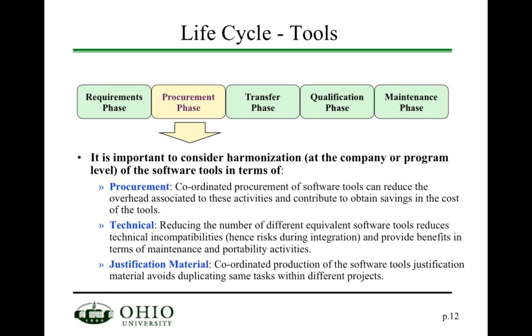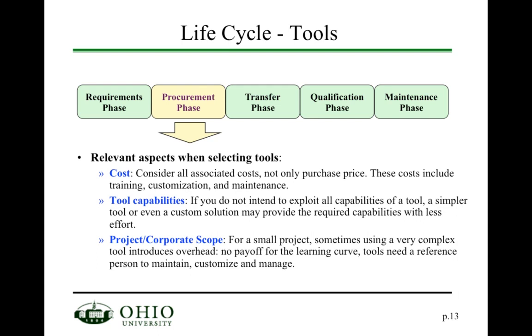What you have to think about is that it's important to consider the harmonization of the software tools in terms of procurement, the technical aspects of the tool, and of course justification materials, why you're going to use this tool. And these are specified over here. Other relevant aspects for the tool selection are, of course, the cost of the tool and its capabilities.